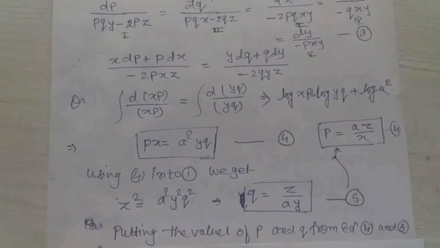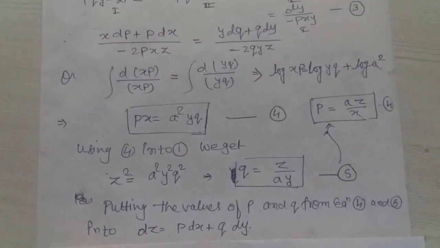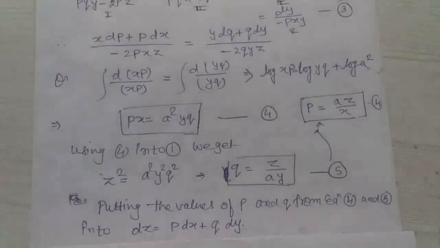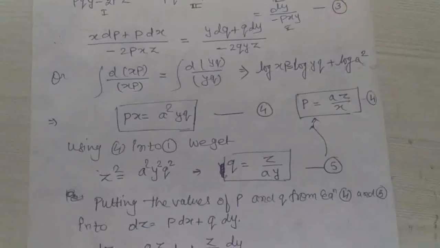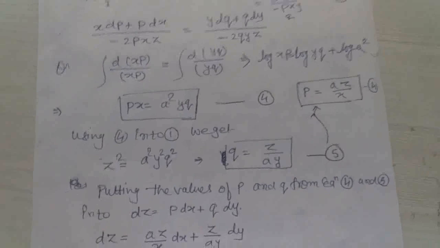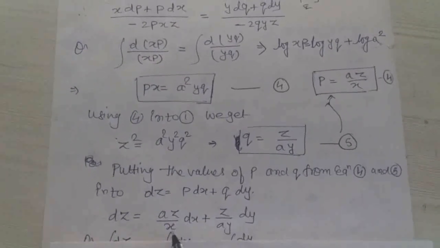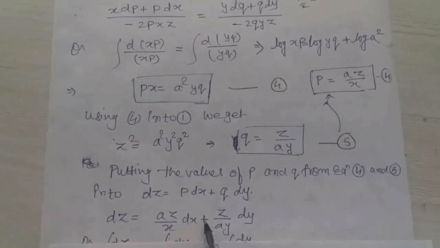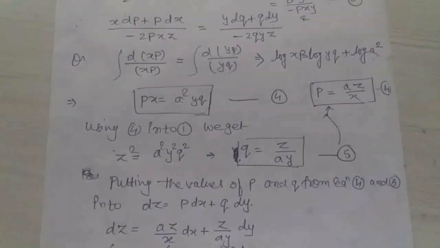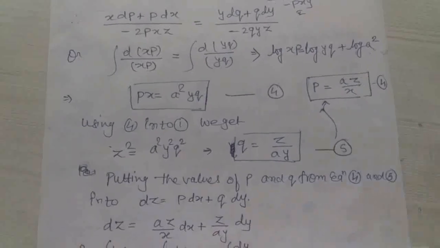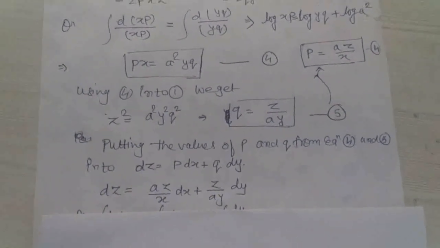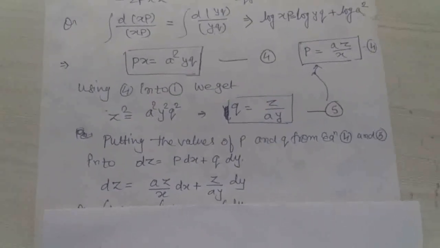Now putting the values of p and q in the equation dz equal to p dx plus q dy, we get dz equal to p dx, where the value of p is az upon x, plus q dy, where the value of q is z upon ay. Now the integration of this gives the required complete integral.